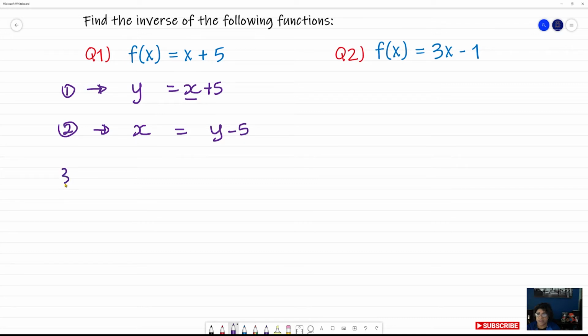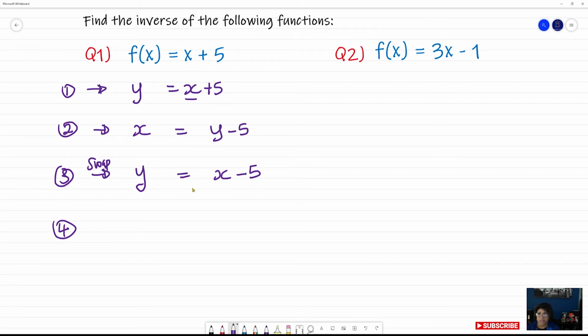And the third step you want to do is now swap the y's and x. So we're going to swap the variables. We're now going to write this as y equals x negative 5. And the final step is to write this as the inverse notation.